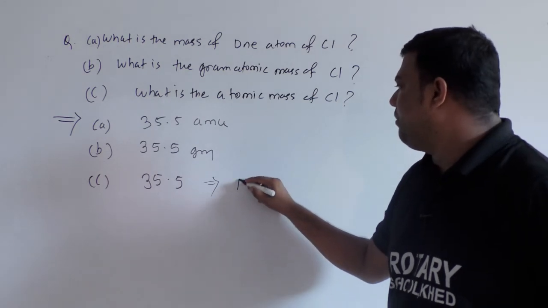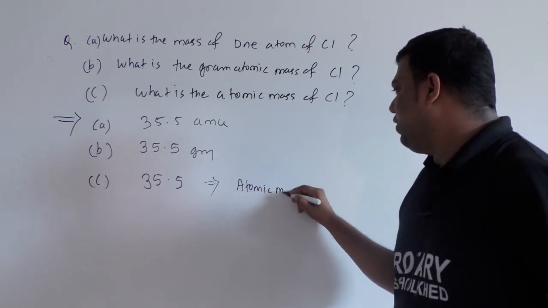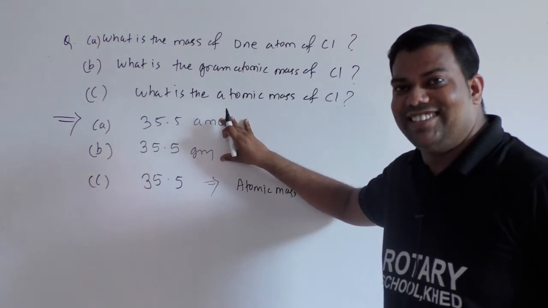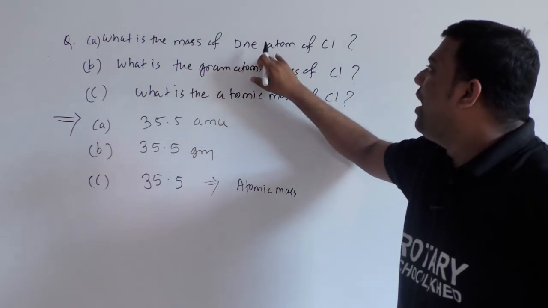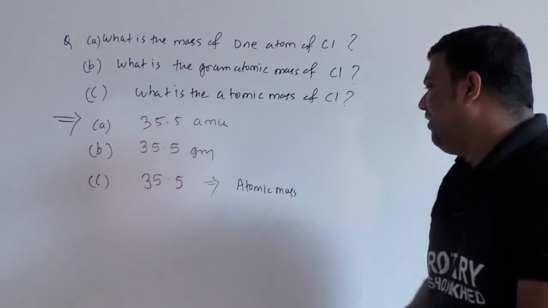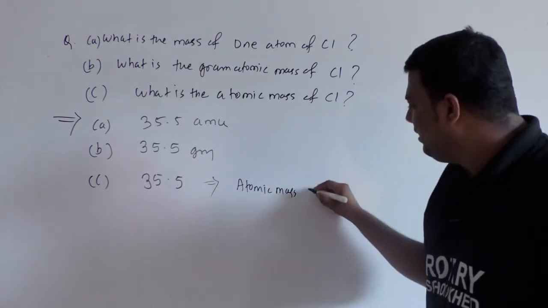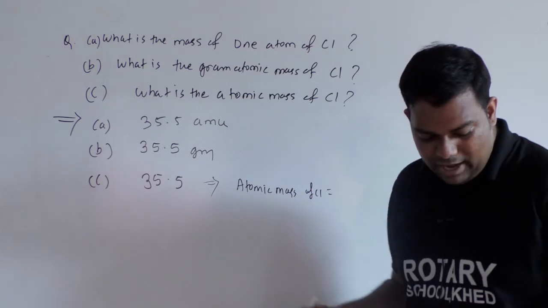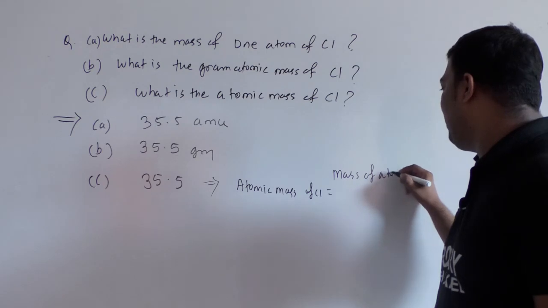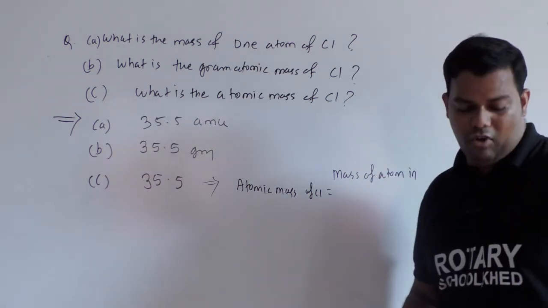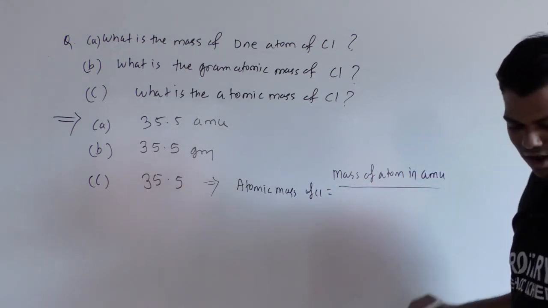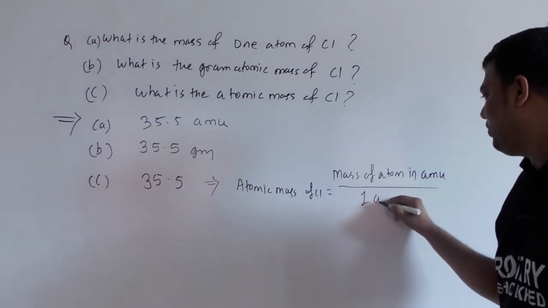Suppose I have to write atomic mass. हे तर आपण clearly बघितलं with calculation, how we can get the mass of one atom, how they discovered, how the values came, everything. So atomic mass of Cl is equal to, you can write the formula: mass of atom in AMU divided by 1 AMU.